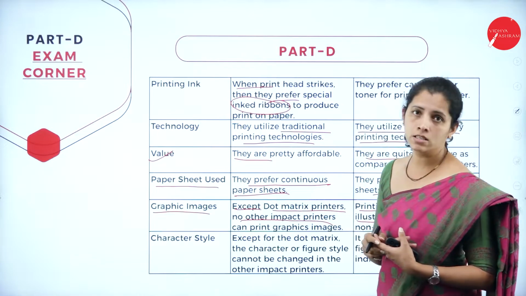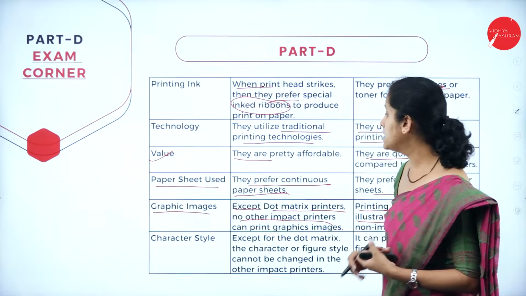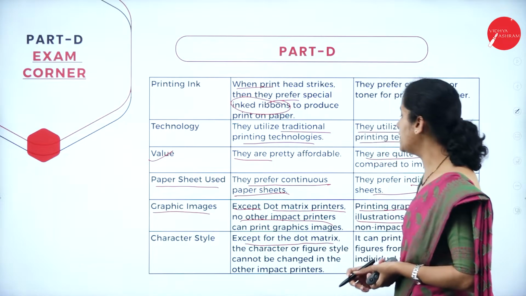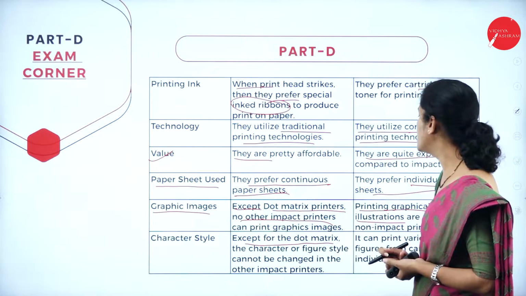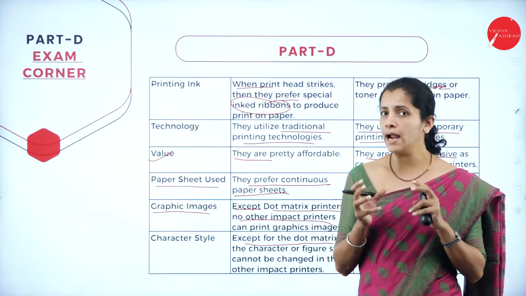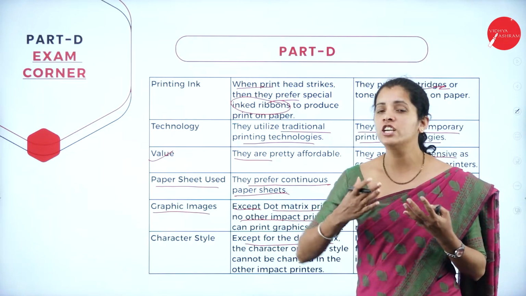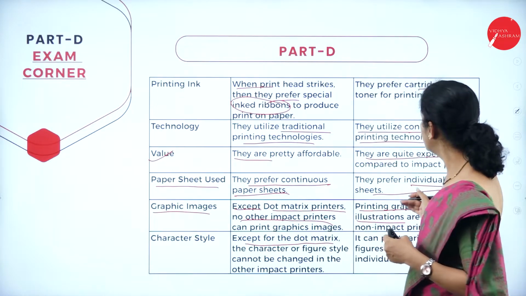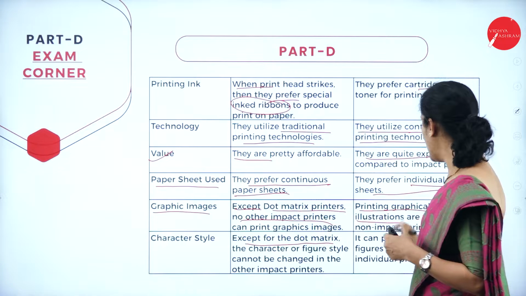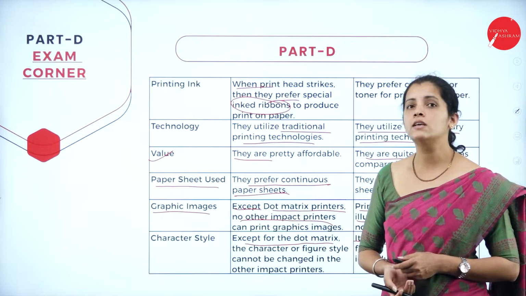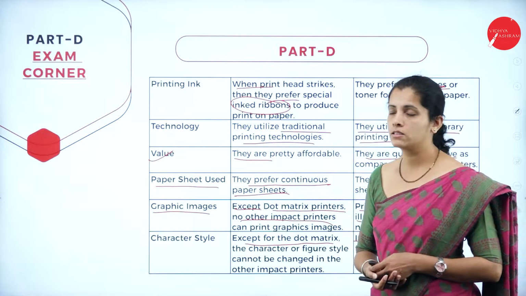And character style. So what's the next parameter? That is character style. Except for the dot matrix, the character or figure style cannot be changed. That means in dot matrix, we are able to change the style of the character. But non-impact printers can print various types of figures as well as characters.